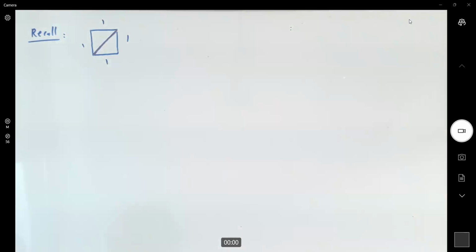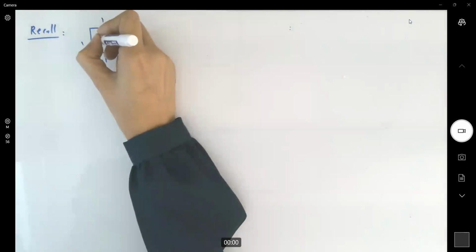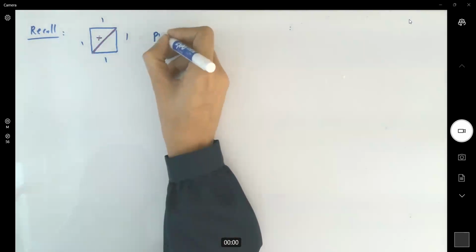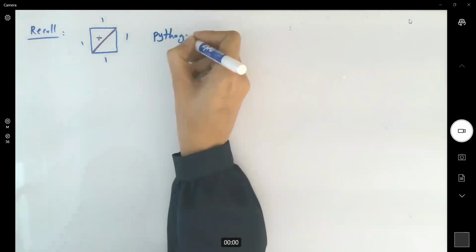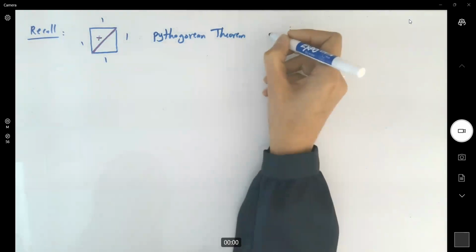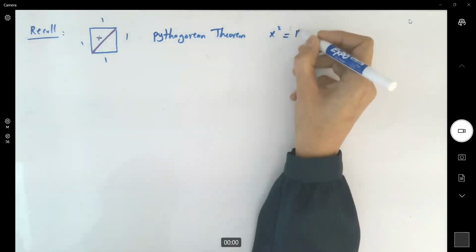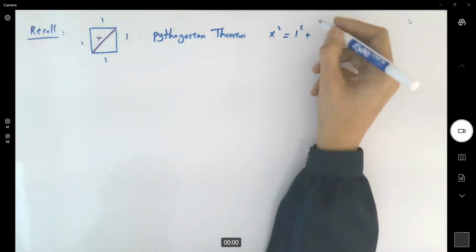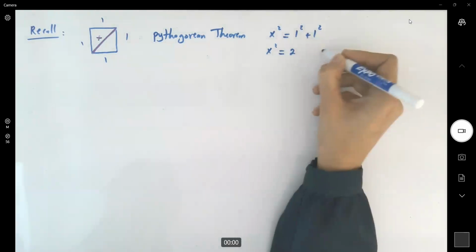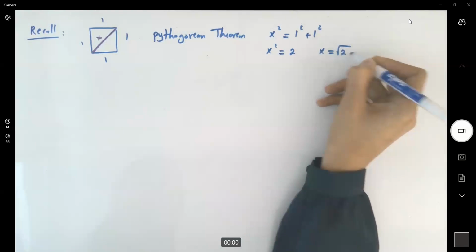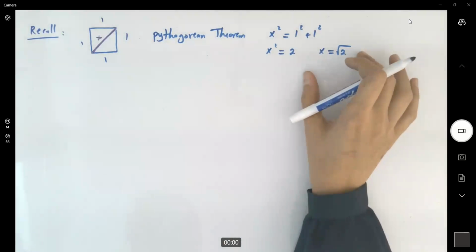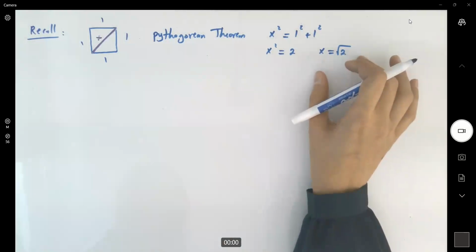Well, using the Pythagorean theorem, let's call this guy x: x squared is equal to 1 squared plus 1 squared, or x squared is equal to 1 plus 1, or 2, or x is square root of 2. Well, how do you show that square root of 2 is irrational?